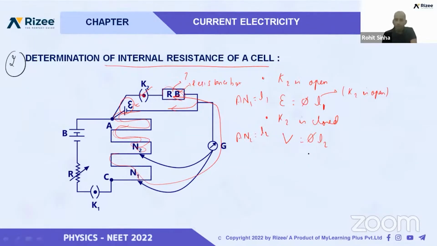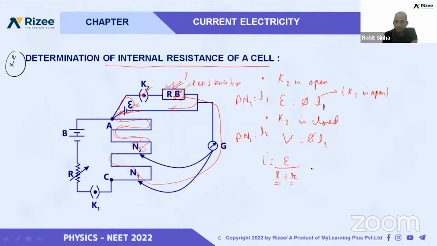Now we also know I is equal to total EMF by total resistance, that is E by R plus r. This R is the external resistance and this r is the internal resistance, and both are included in this resistance box.